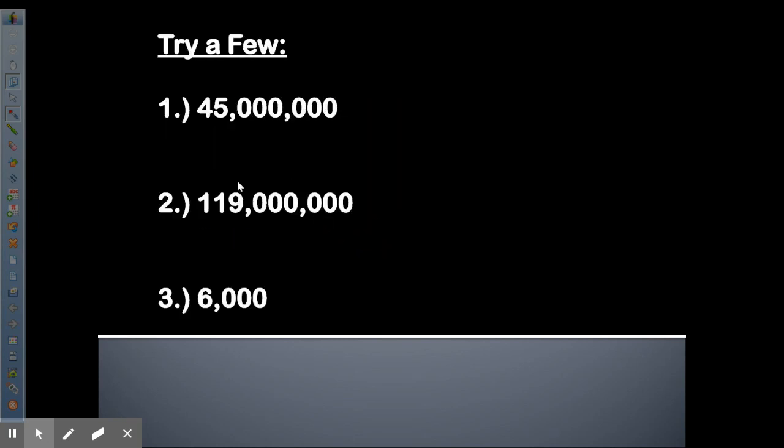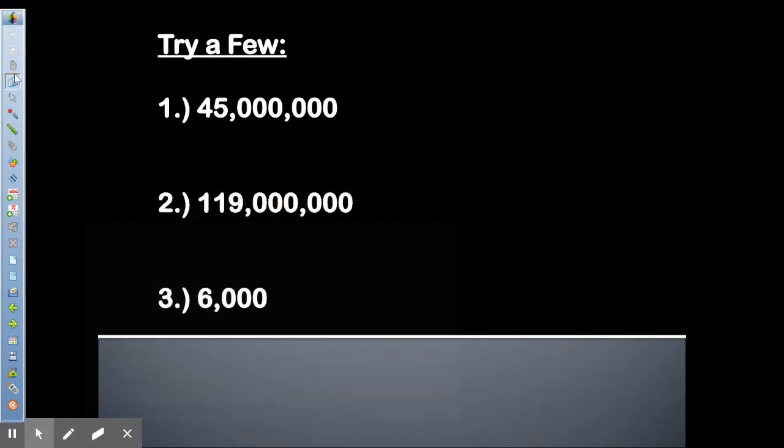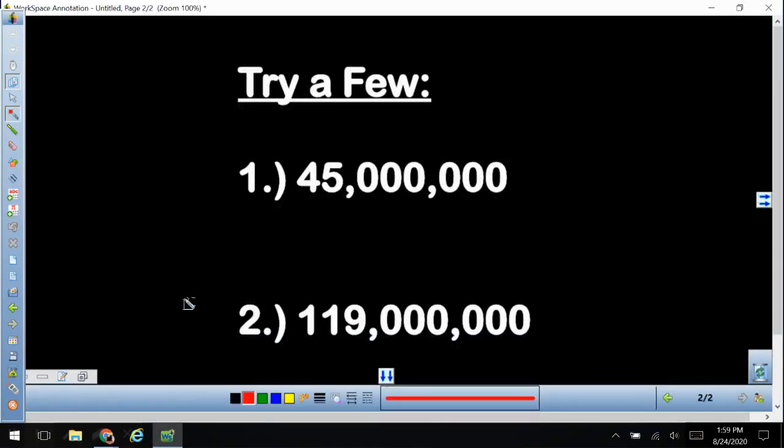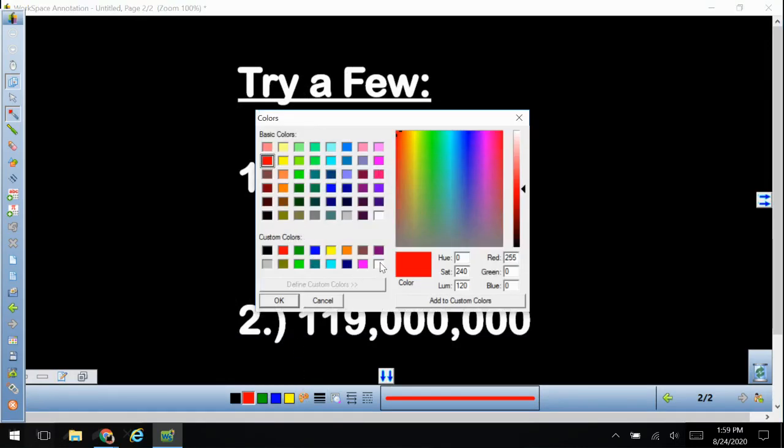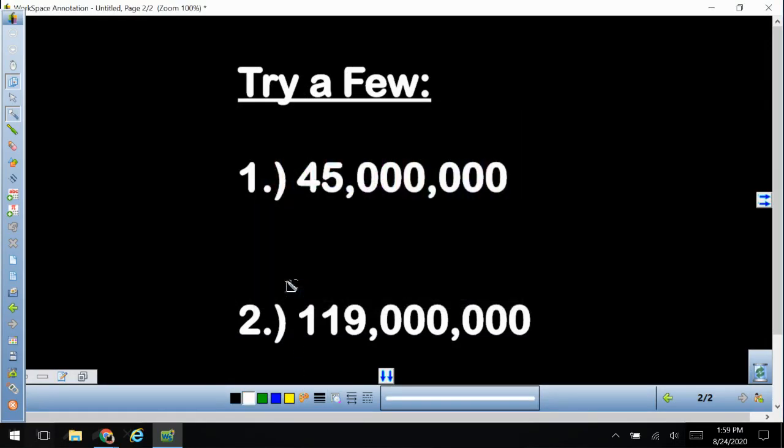All right, so let's do a few of these. Let me change the color to white. Okay, so we have 45 million. So first thing we want to do is put the decimal behind the very first number that's greater than 0. So just like we read words, we're going to go left to right, and the very first number is the 4.